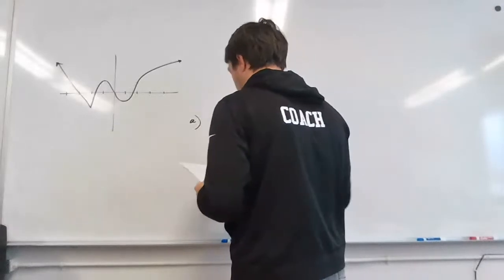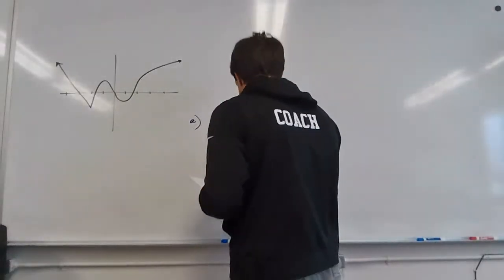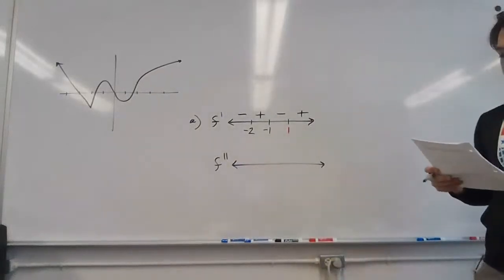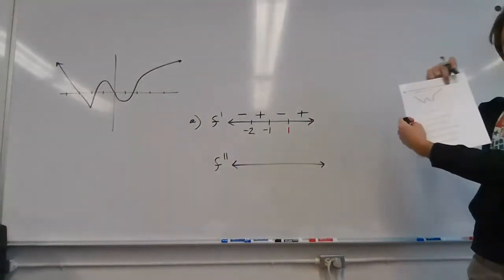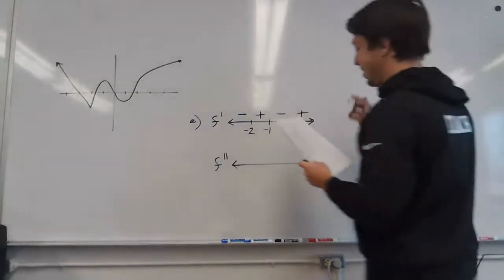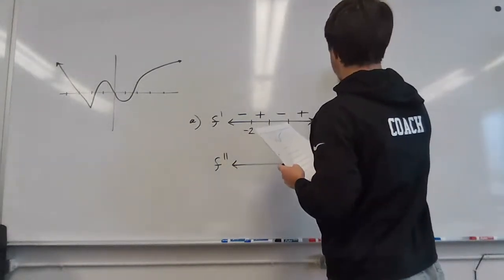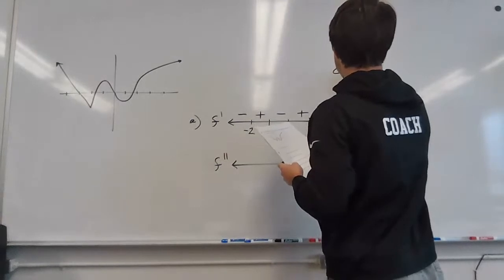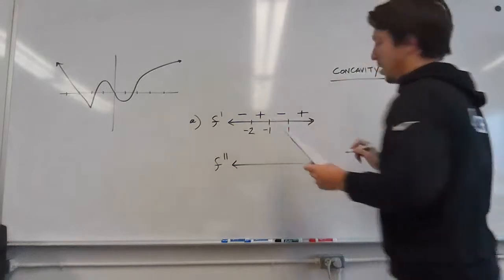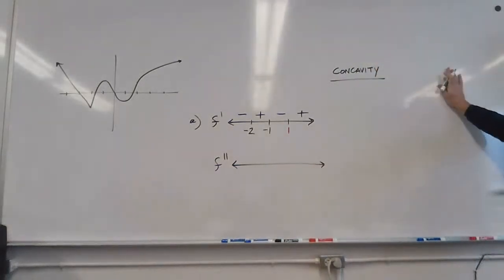Okay, so F double prime. Now this is where it gets interesting. There's a word up top that relates to the second derivative, and that word is concavity. Concavity refers to the curviness of it.